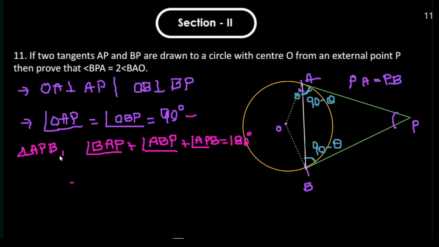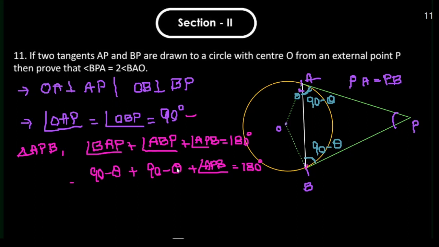Now just substitute these values here. Then what happens? Angle BAP is nothing but 90 minus theta, plus angle ABP, which is also 90 minus theta, right? Plus angle APB is equal to 180 degrees, right?